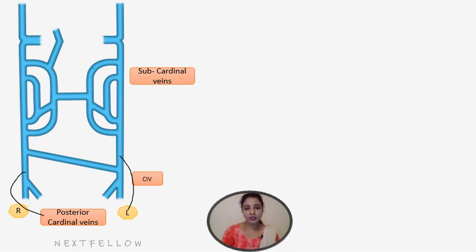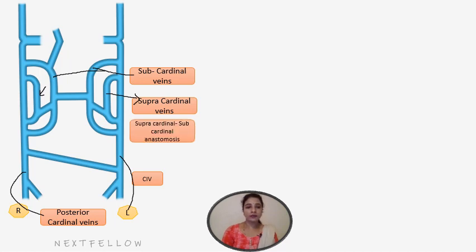The first veins which form here are the subcardinal veins. Supracardinal veins develop between the subcardinal and posterior cardinal veins, on the inside. Here you can see a supracardinal vein.